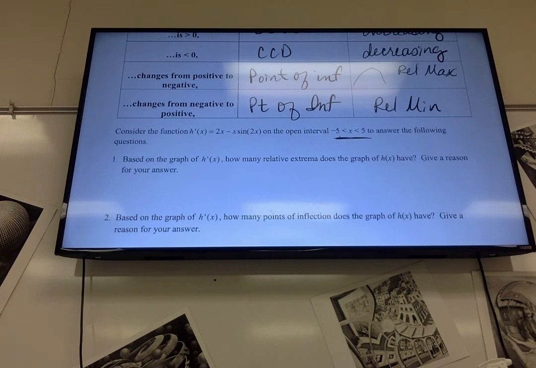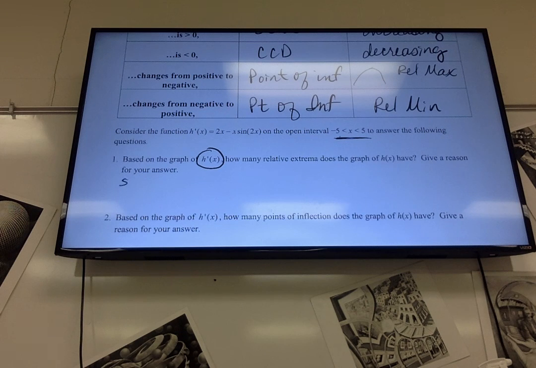That's why there's only one then. This is h prime of x. When we take the derivative, we set it equal to 0 and find out where it is either undefined or equal to 0. It's not undefined anywhere. It's only equal to 0 at one spot.